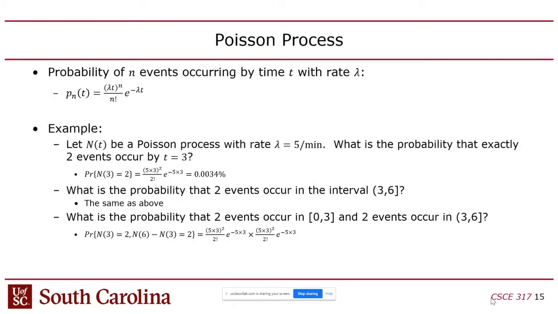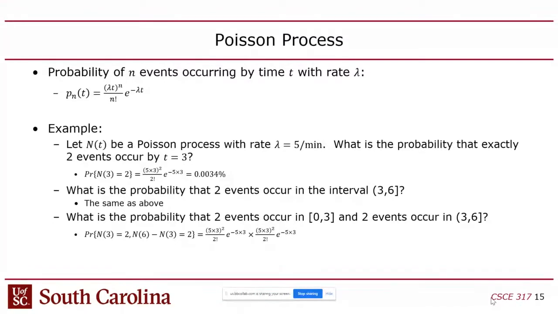Okay, and then there was a Poisson process, which is the probability of n events occurring by time t. It's really just a variation on the exponential distribution, but they call it a process because it's counting values. Again, you're just plugging numbers in.